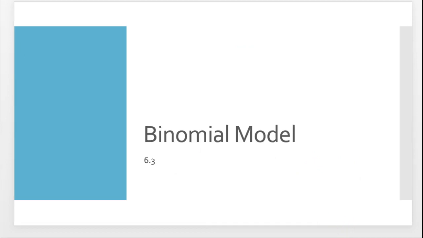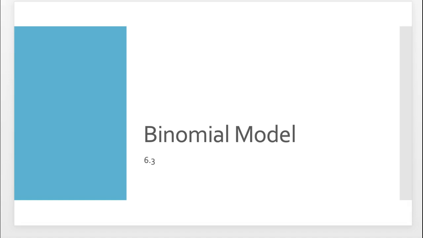Okay. So what I want to get into here is the last section in chapter 6, which is the binomial model. I just want to introduce the binomial model, and we've seen it before in simulation when we're doing the kissing the right way study, right? The number of times a couple tilts their head to the right when they're leaning for a kiss.